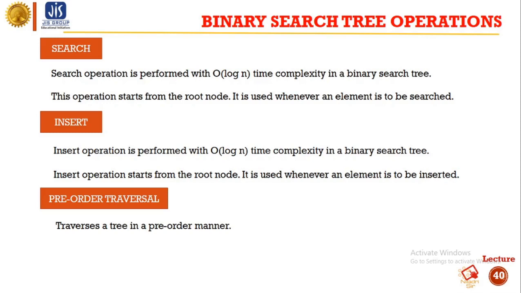In the next step, we will reduce the search space to n by 4, and we will go on reducing like this till we find the element or till our search space is reduced to only one node. The search here is also a binary search, and that's why the name binary search tree.